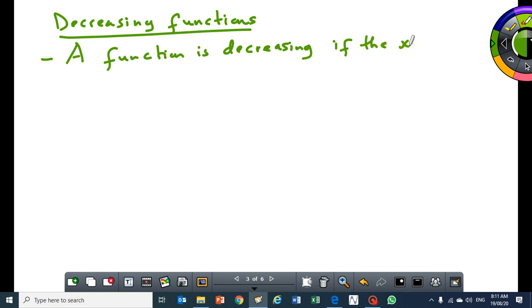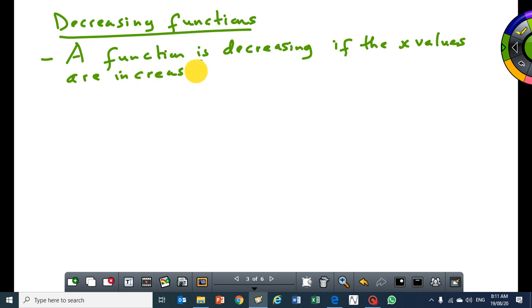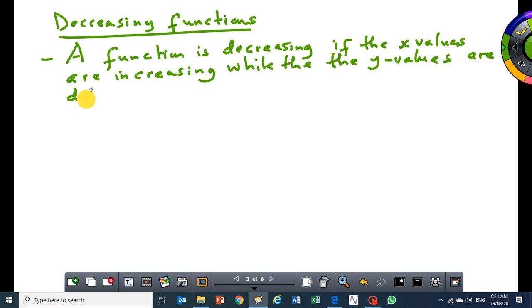Then decreasing function. So if the function is decreasing, the x values are increasing while the y values are decreasing. Okay?